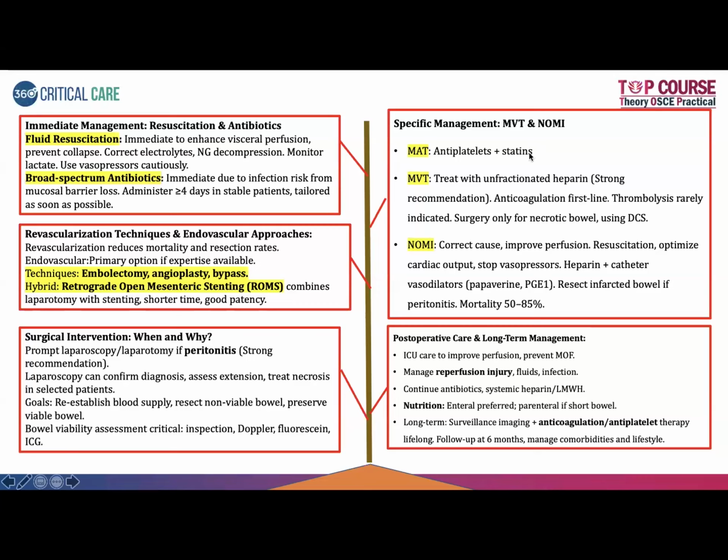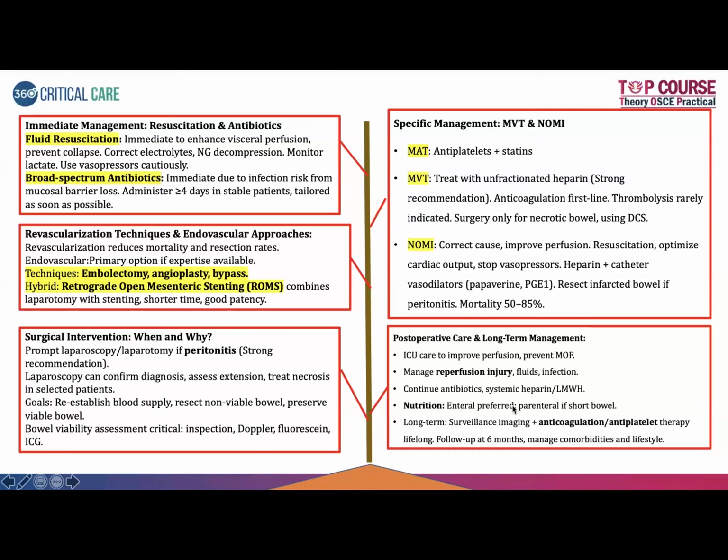Arterial thrombosis, antiplatelets and statins. Venous thrombosis, anticoagulation. Emboli, therapeutic anticoagulation. NOMI, always treat the etiology. Then post-operative care and long-term management, because the patients are at risk of nutritional compromise, so nutrition needs to be taken care of.